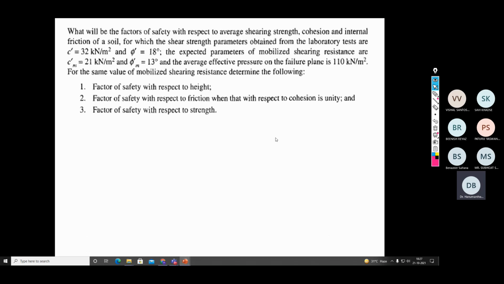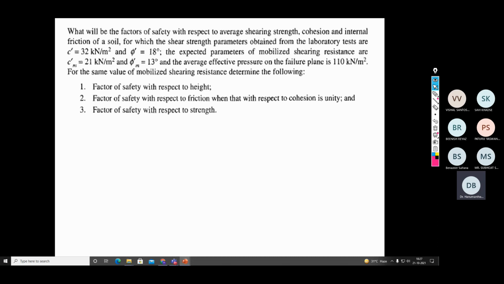Now let us take another sum. What will be the factor of safety with respect to average shearing strength, cohesion and internal friction of a soil, for which the shear strength parameters obtained from the laboratory test are C dash 33 kilopascals and phi dash 18 degrees.